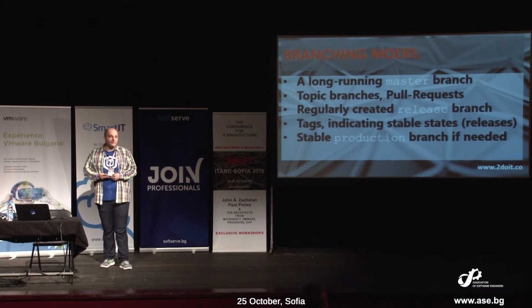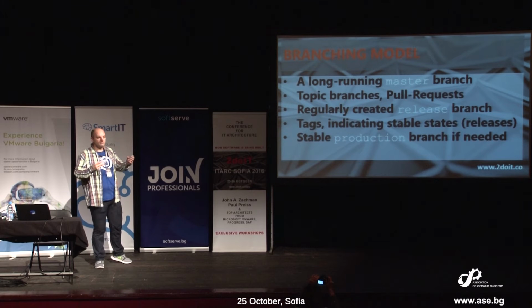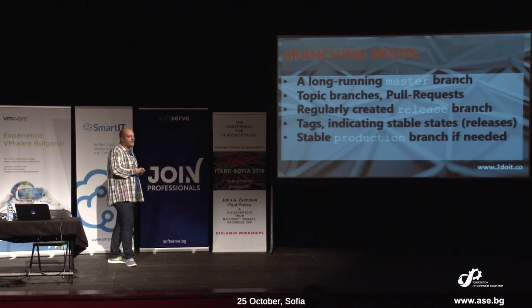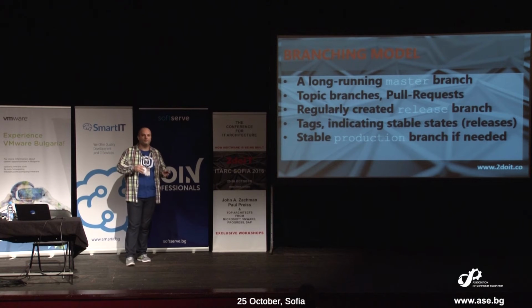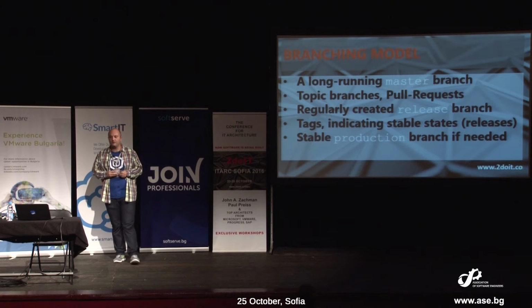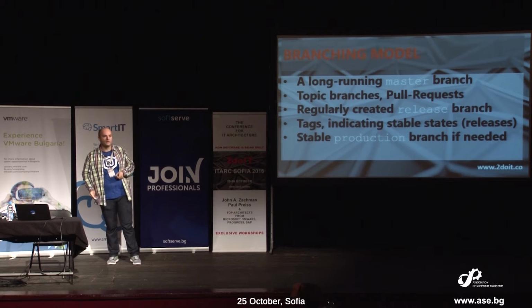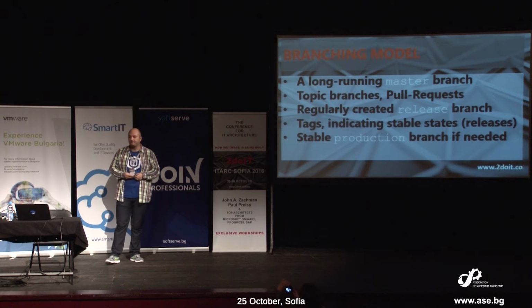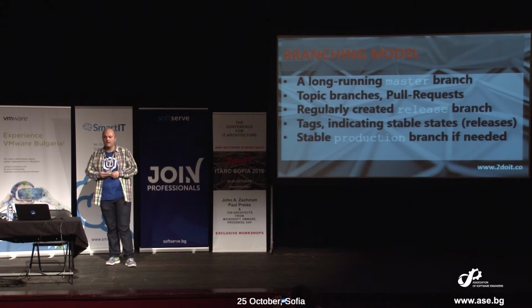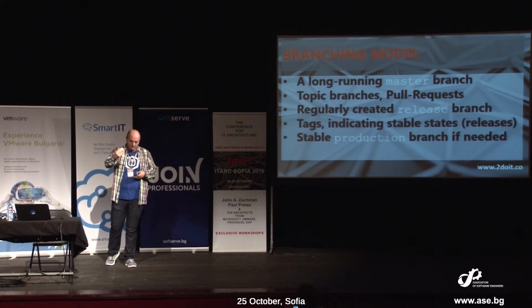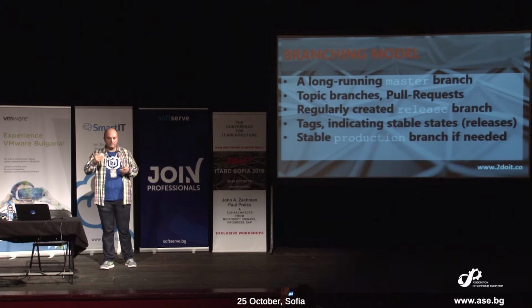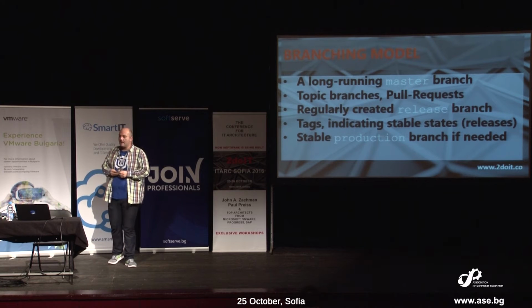The branching model. Most of the repositories have a long-running master branch and use topic branches and pull requests to integrate the changes, to add the changes to the main project.